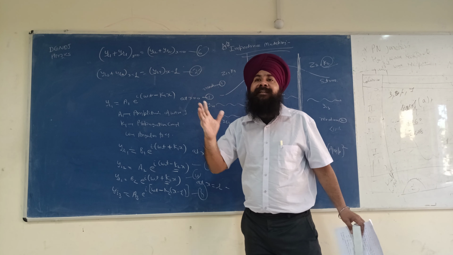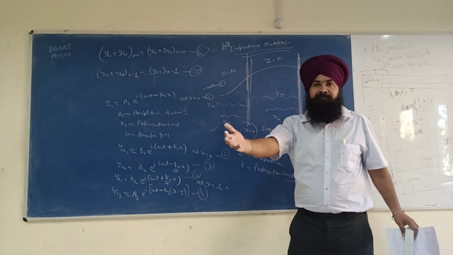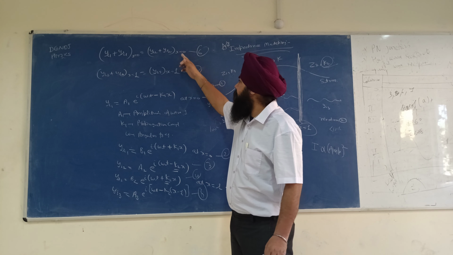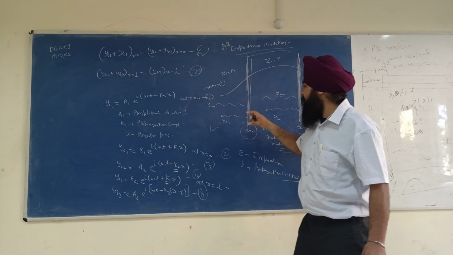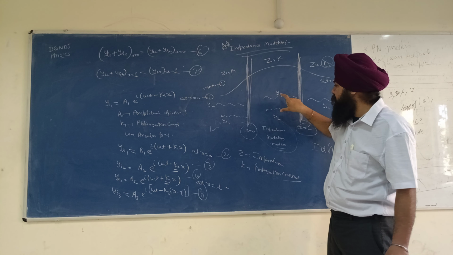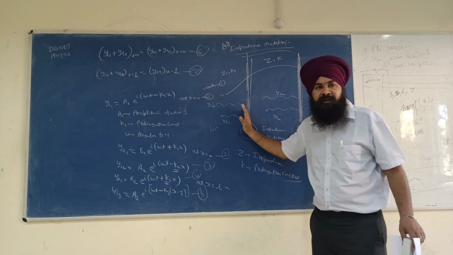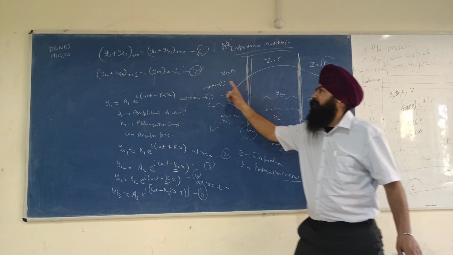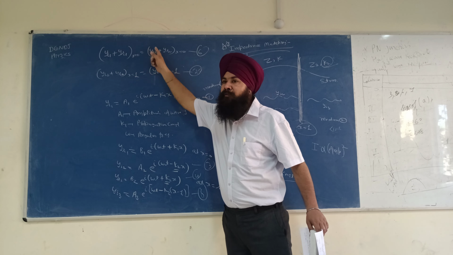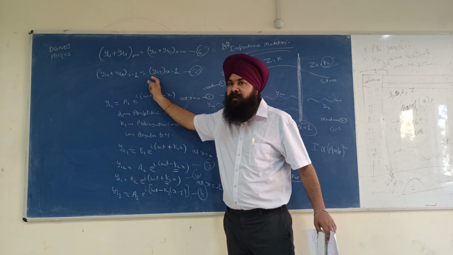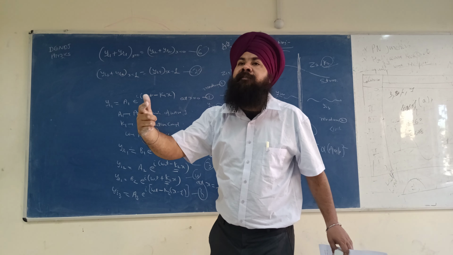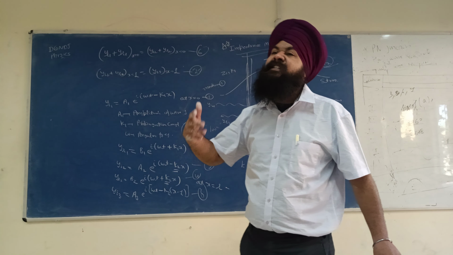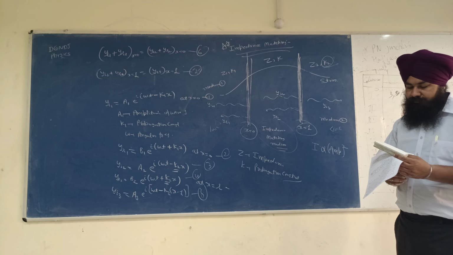The signal will be maximally efficient when these boundary conditions hold, I mean to say these two wave functions are equal to this wave function at x is equal to 0, and these two wave functions are equal to this wave function at x is equal to L. So when these two boundary conditions hold true, we obtain the maximum power or maximum intensity. Then we get maximum power transfer.